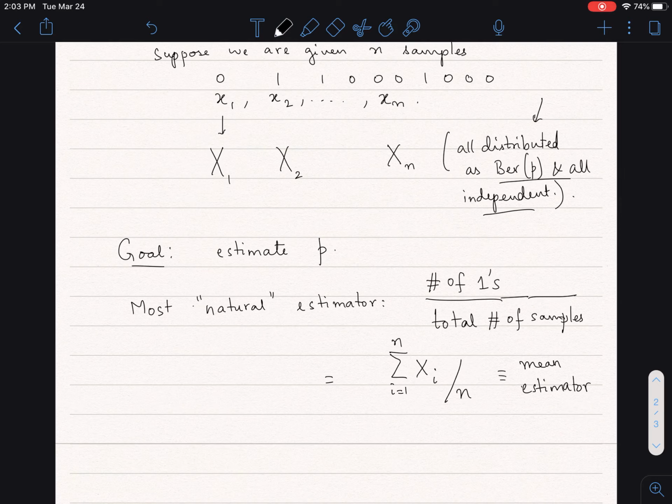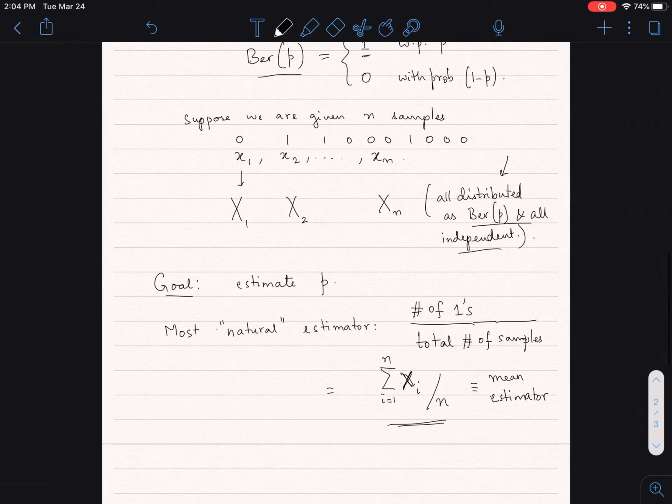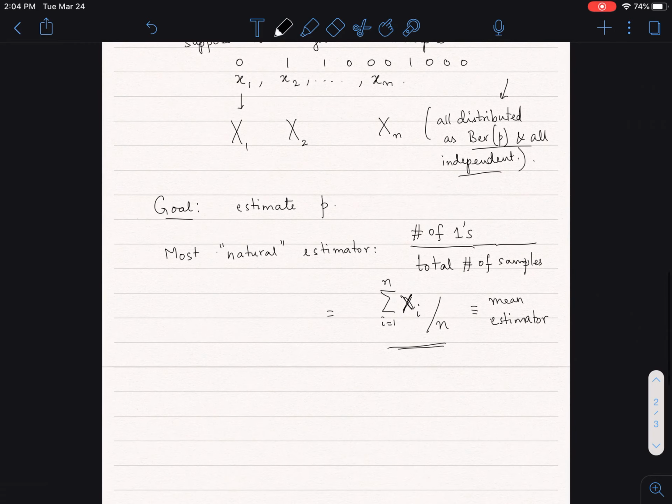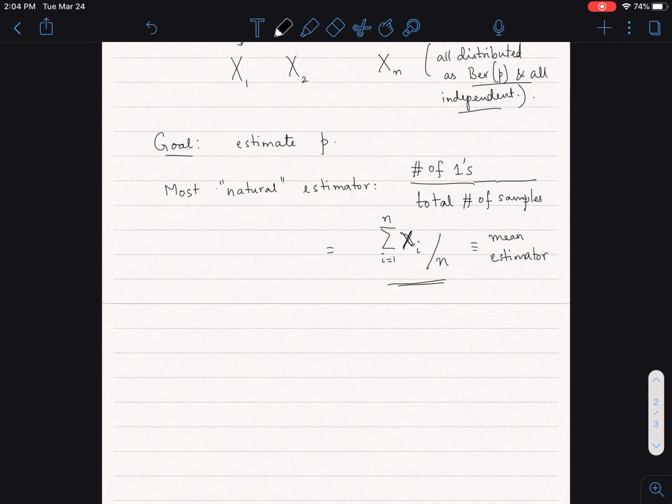So this is exactly what we are trying to estimate. And now the question is, how good is this estimator?